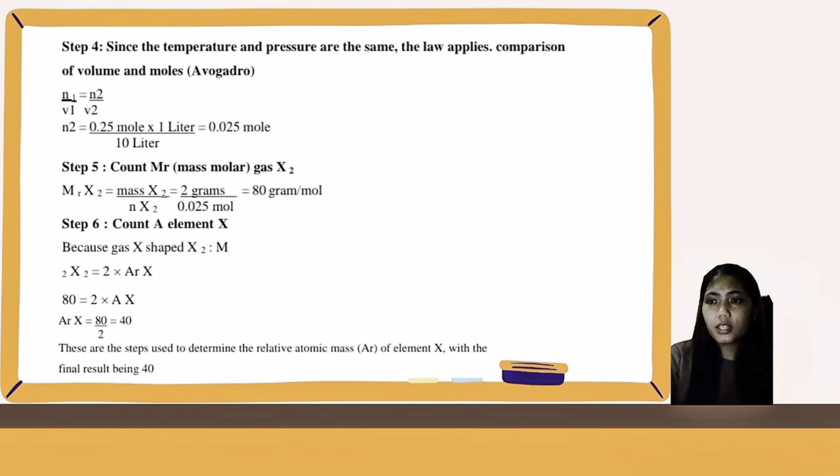Step 6. Count Ar of element X because the gas is X2. Mr of X2 equals 2 times Ar X, so 80 equals 2 times Ar X. Ar X equals 80 divided by 2, which equals 40. These are the steps used to determine the relative atomic mass of element X, with the final result being 40.